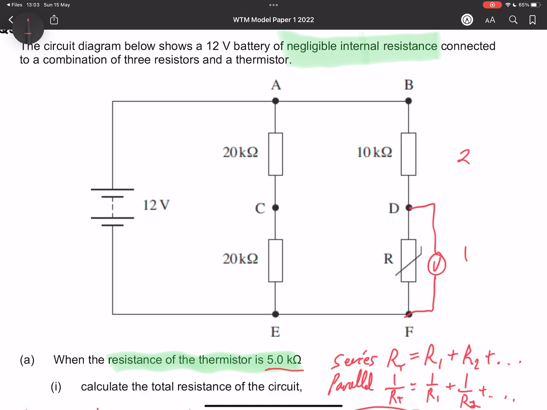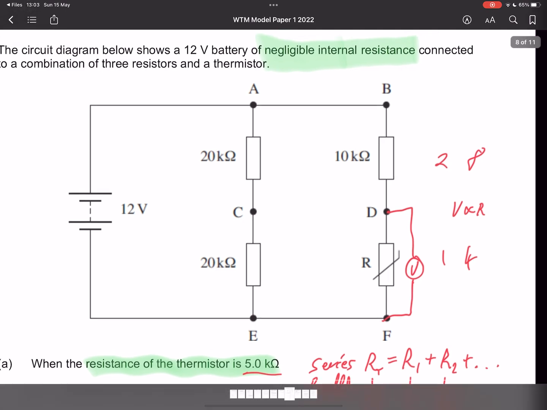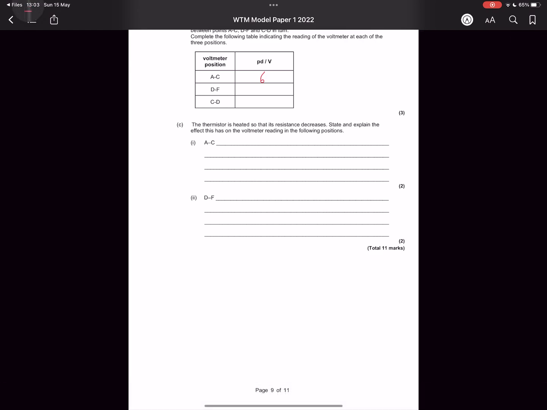So we have to think what the relationship is between resistance and potential difference. And we can see that they are proportional. So if we have 12 to split, then it'll be an 8-to-4 split. So nothing too complicated. Pattern recognition more than anything.